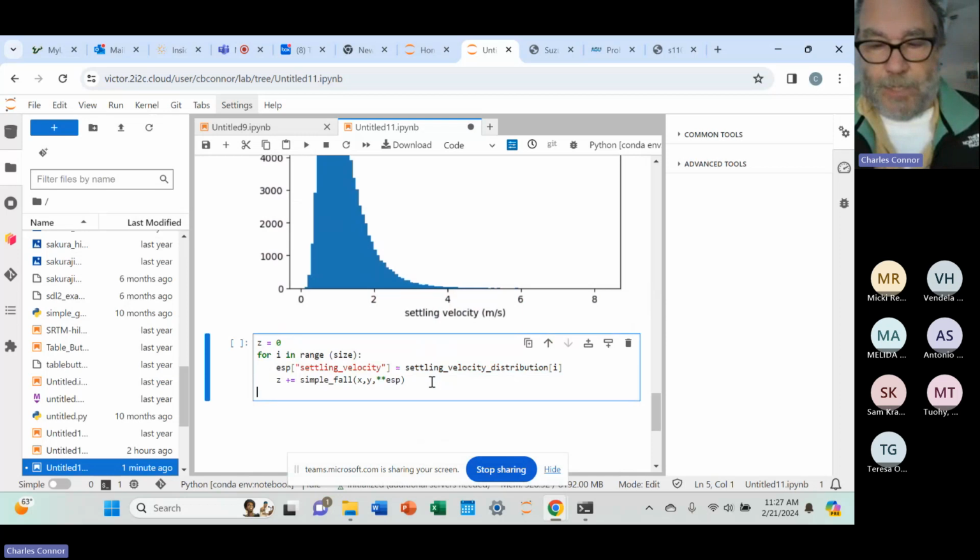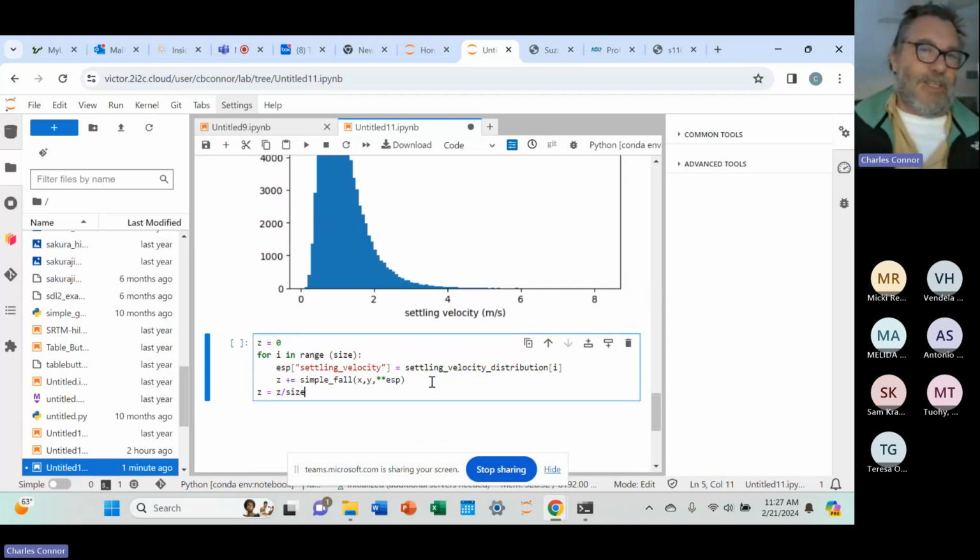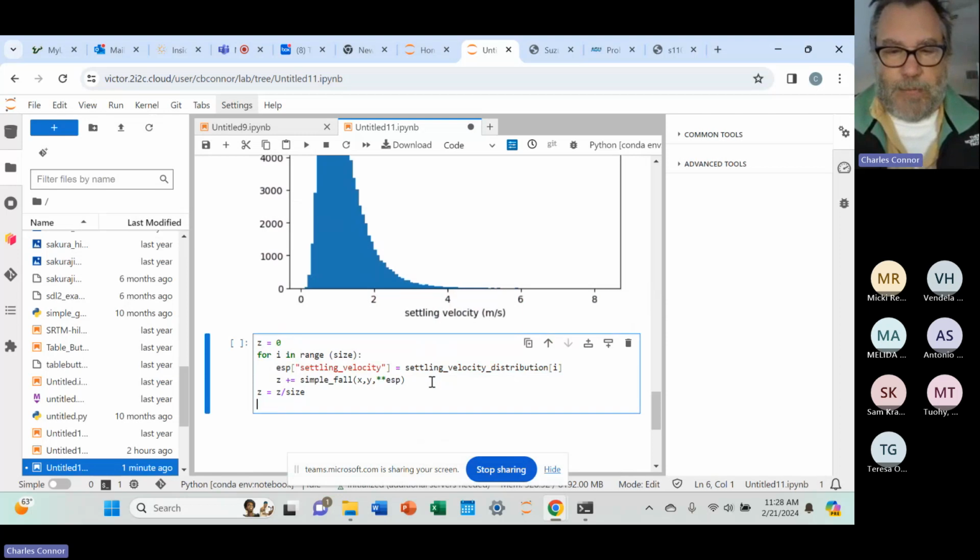And then I have to say down here, Z is equal to Z divided by size, because I've essentially now run the eruption size times. Let me go back to that in a second. I'll show you the result and then I'll explain it a little bit better. So then I'm going to do my same plot, and I'm going to plt.show, and let's see if that worked.